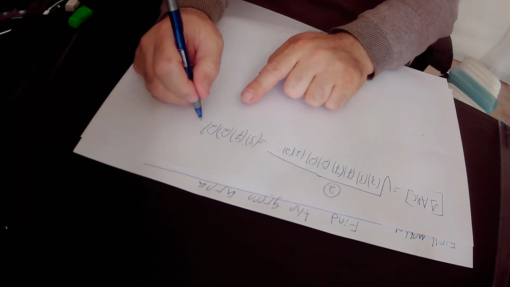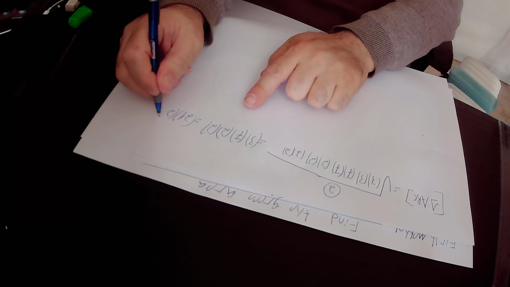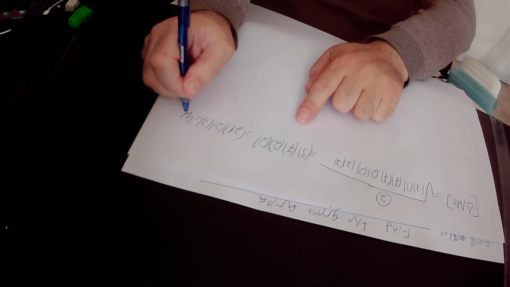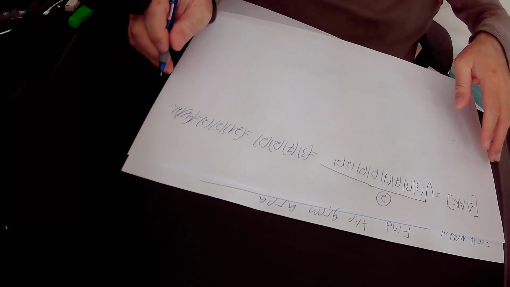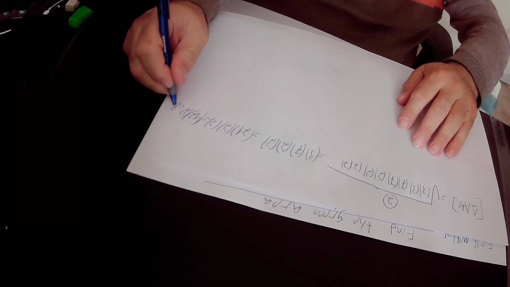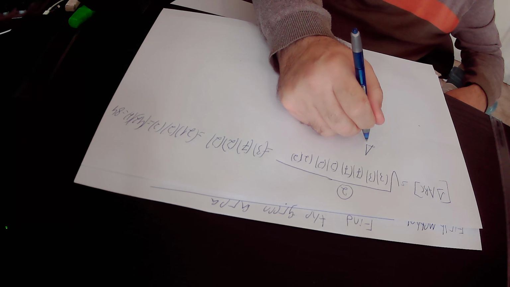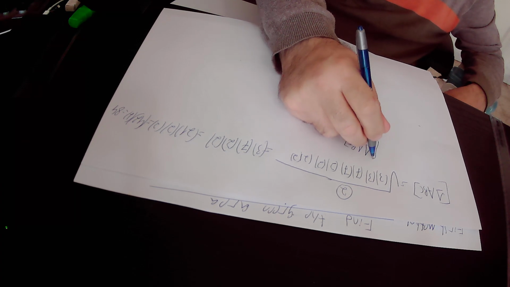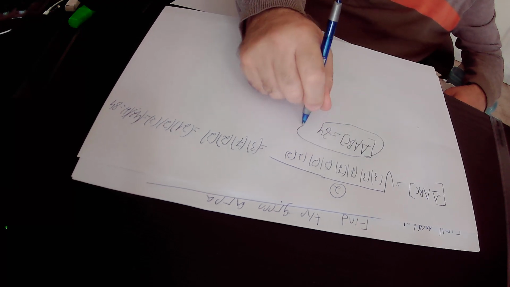Here 3 times 7 is 21, times 2 times 2. 21 times 2 is 42, and 42 times 2 is 84. Finally, we found out that the area of our triangle ABC is equal to 84 square units.